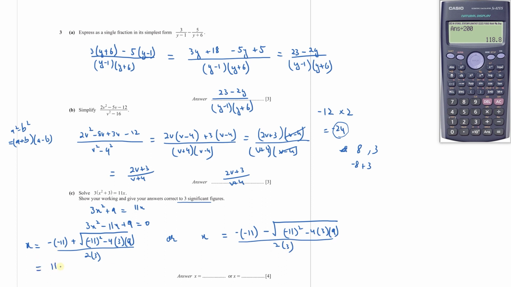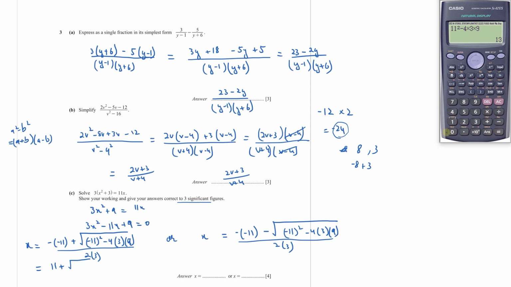So this will be 11 plus square root of 11 square minus 4 into 3 into 9. I didn't use minus 11 square because a minus square will become positive anyways. So 11 square or minus 11 square, you'll get the same value.